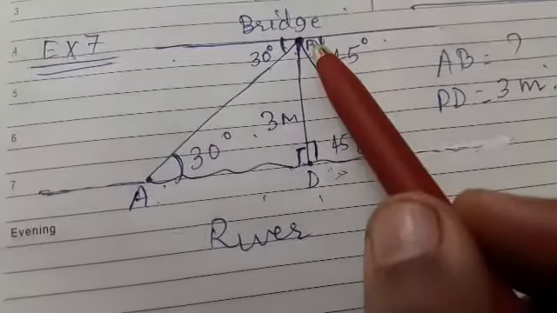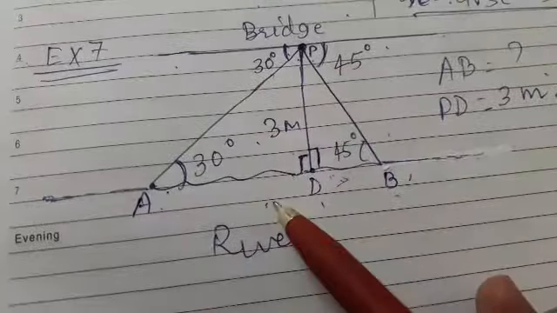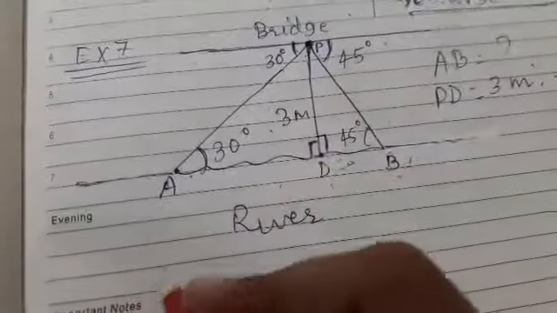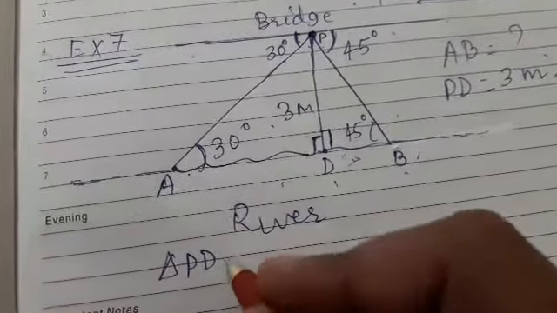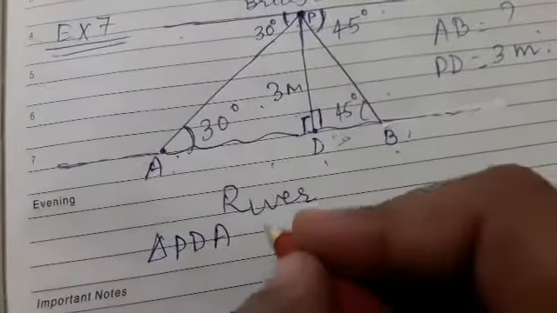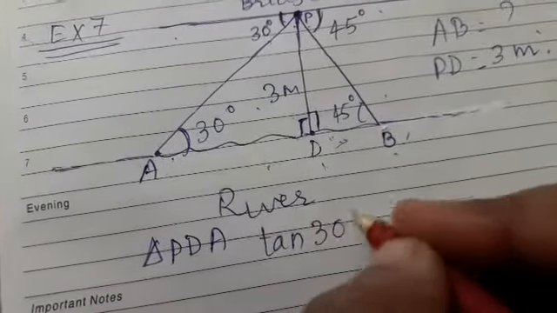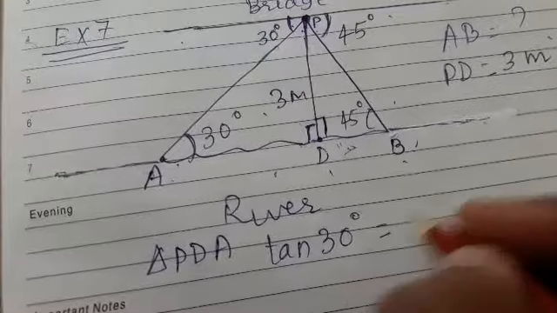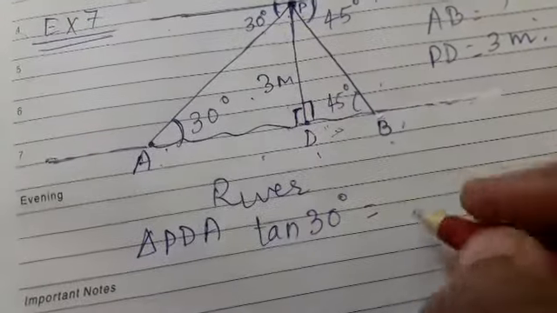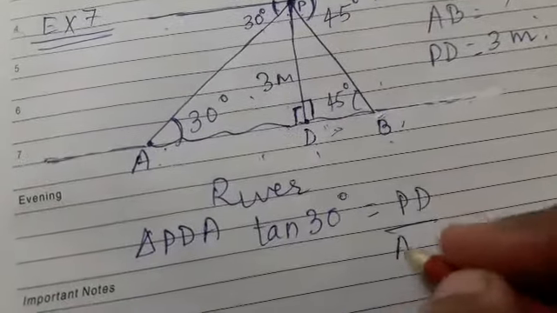So let's proceed. Suppose I take triangle PDA. Tan 30 is equal to PD upon AD.